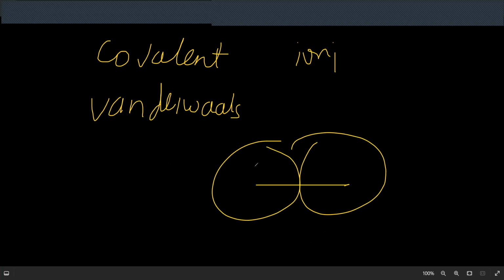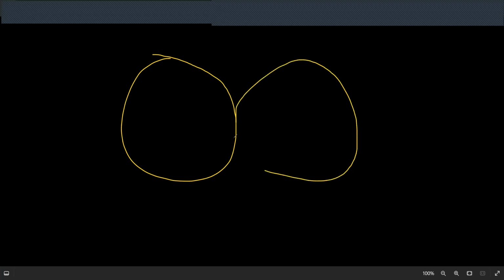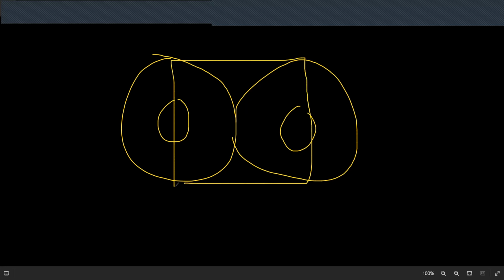So what I meant to say is, let's first of all draw this. So this is plus charge, this is plus charge, this is negative. Distance between two nuclei is this.